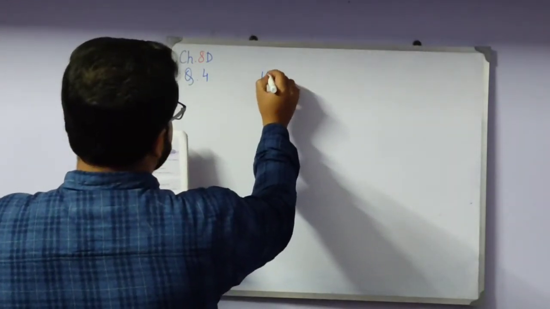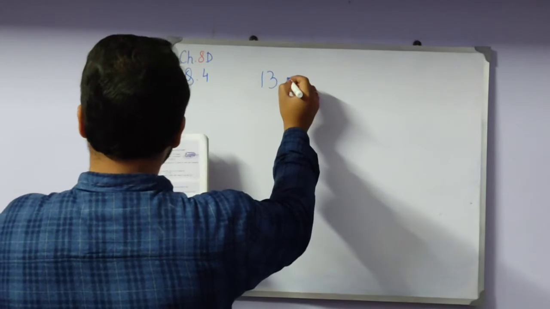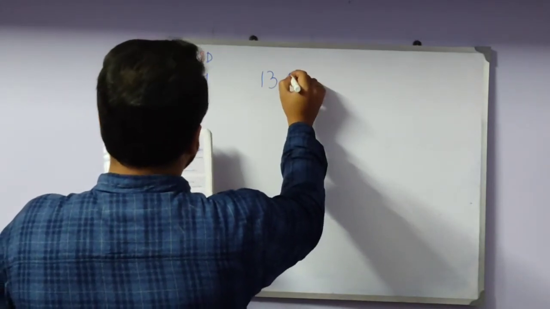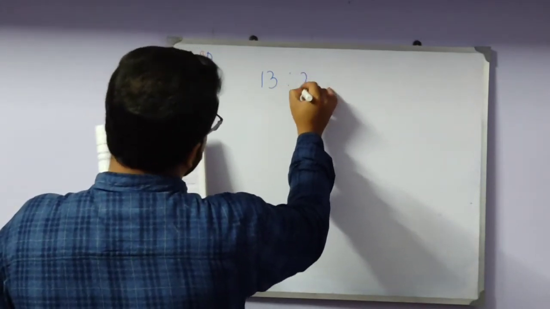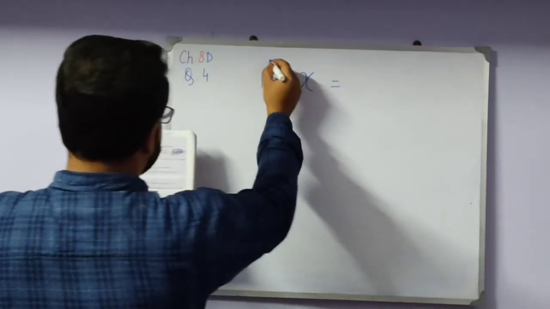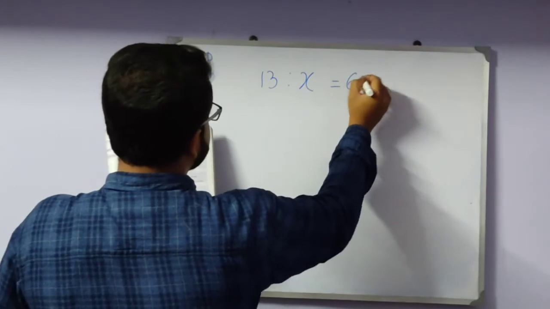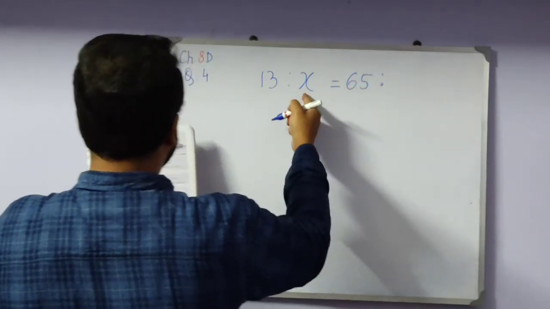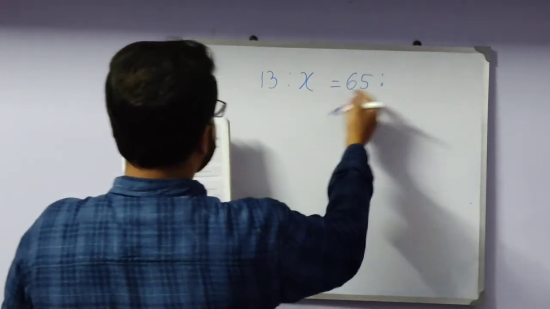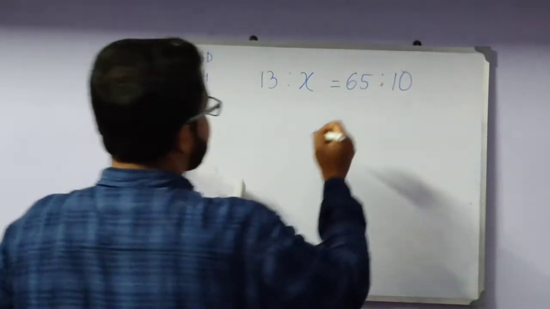By the ratio and proportion method, 13 bags, here x bags. For 13 bags the sugar weight is 65 kg, and for x bags the weight of sugar is 10 kg.